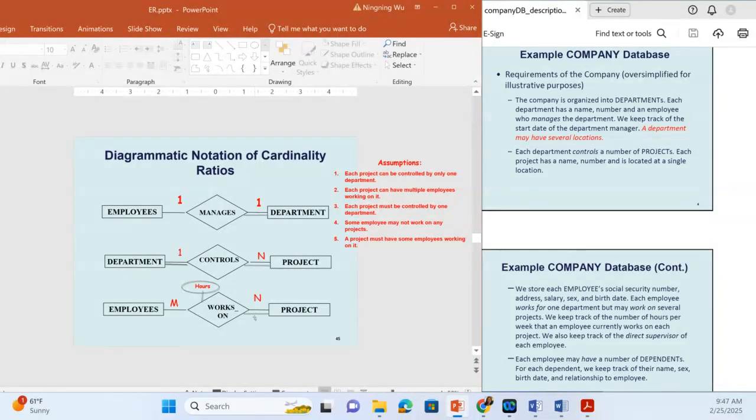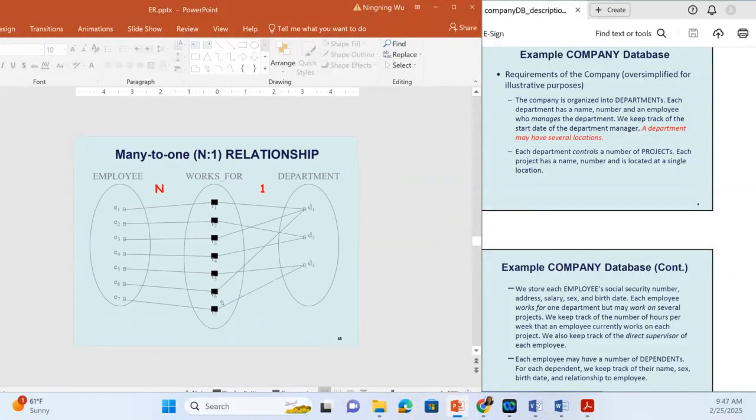By total participation, we mean that each entity in an entity type must participate in a relationship. Partial basically means that some entities in an entity type will not participate in that relationship type.